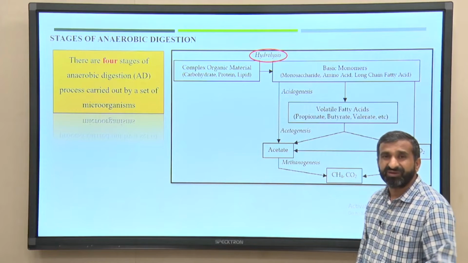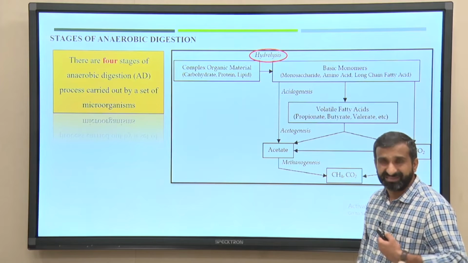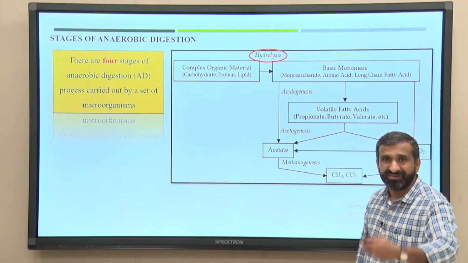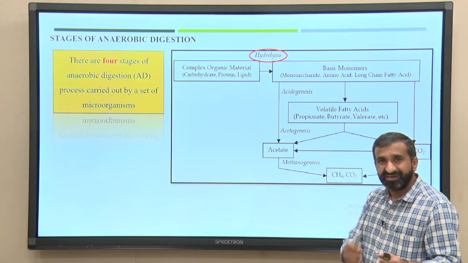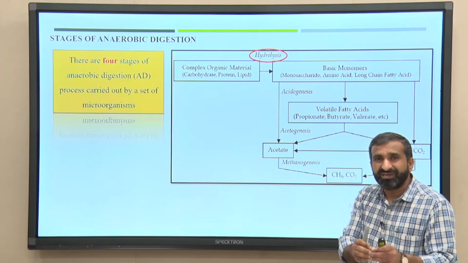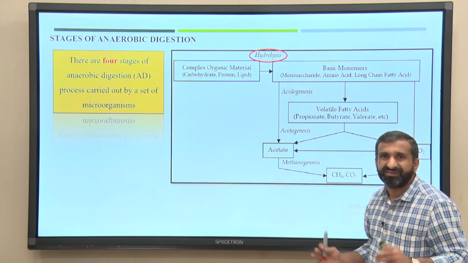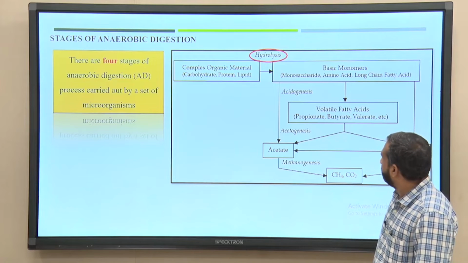Because humans can't digest that particular substrate very easily. If you go for cooking, we hydrolyze it and convert that food into very simple material, which is very easy for humans to digest.